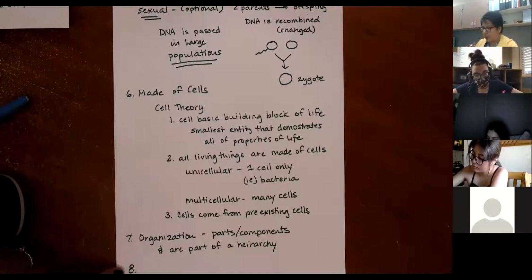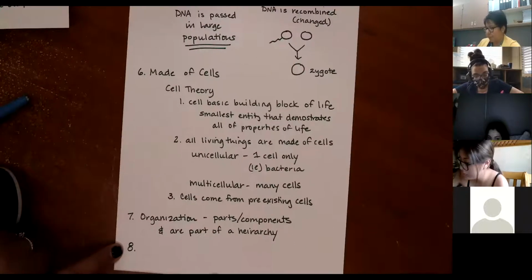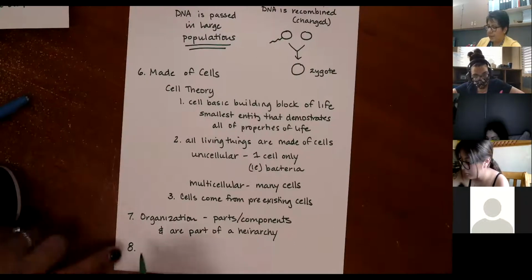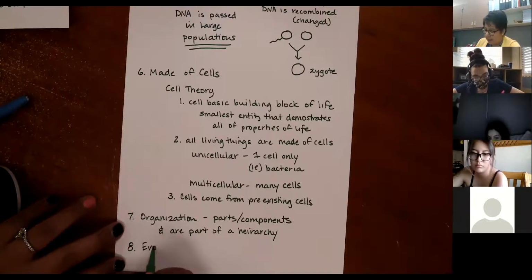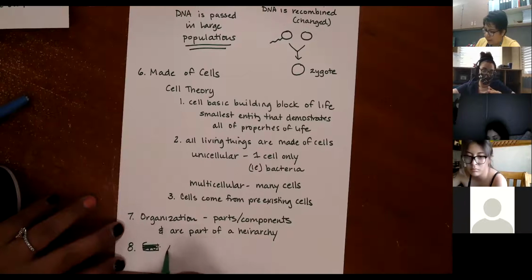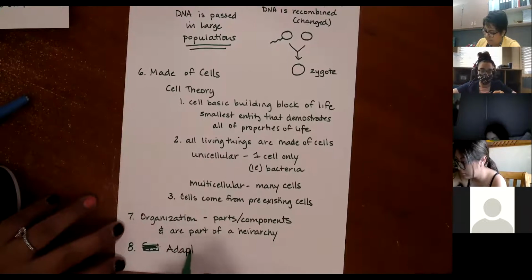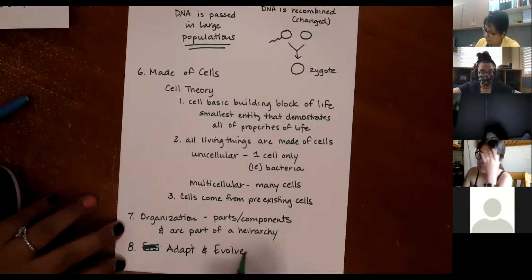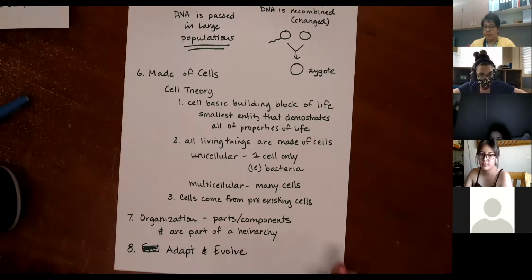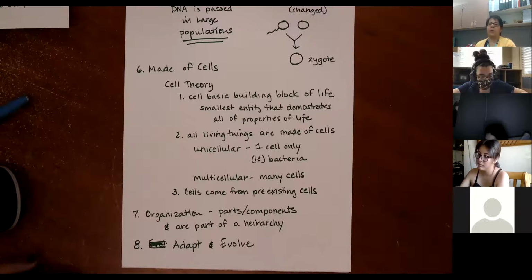But the last one I want to talk about is living things change, or we can say that they evolve. Well, let me do it this way. They adapt and they evolve. Living things have the ability to change, or they adapt and they evolve.